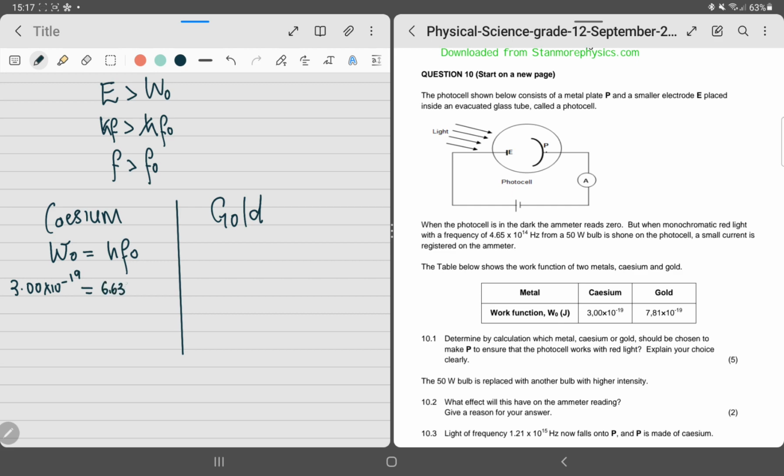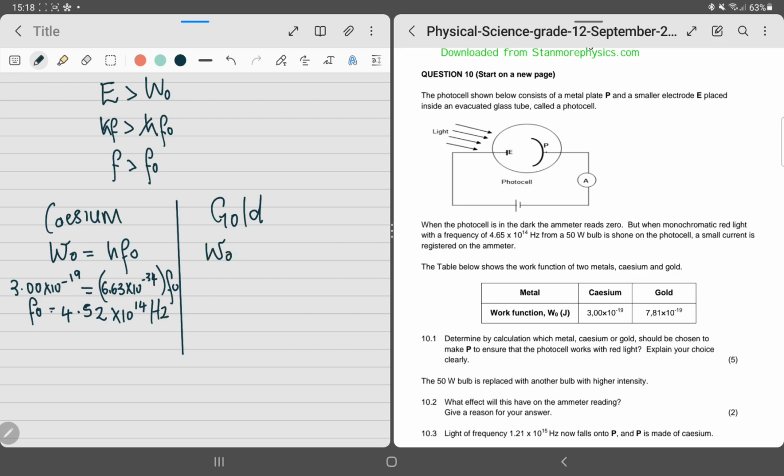This is 6.63 times 10 negative 34 f0. So the threshold frequency for the cesium should be, so I am getting 4.52 times 10 to the exponent of 14 Hertz.